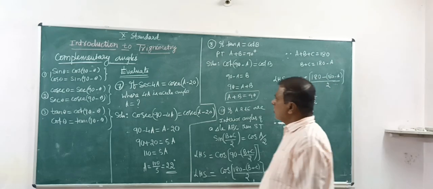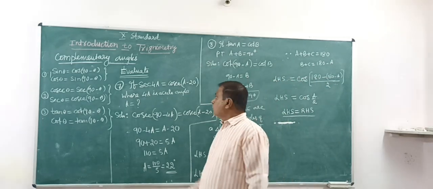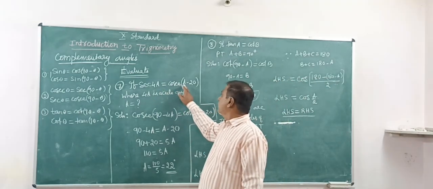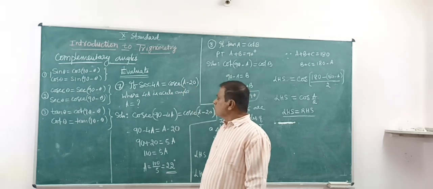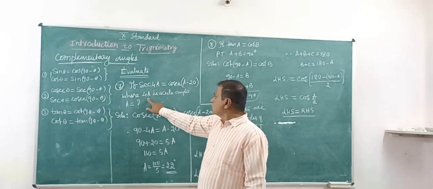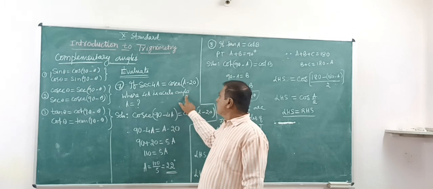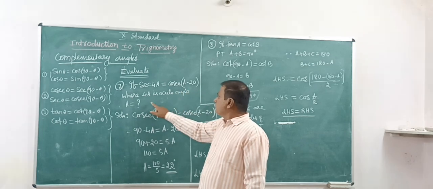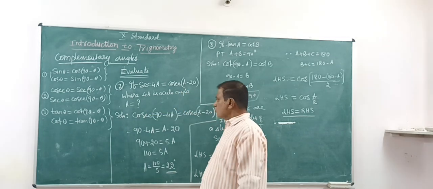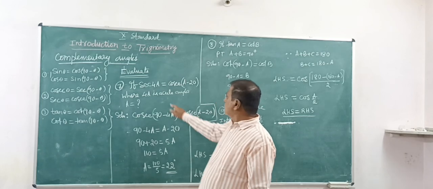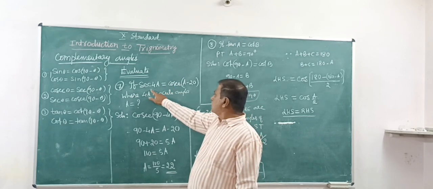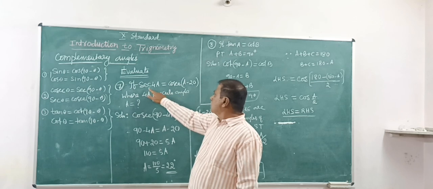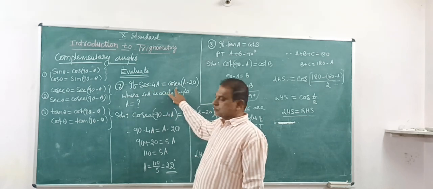Next problem: if secant 4a equals cosecant of (a minus 20), where 4a is an acute angle, find the value of a. Look at the given equation, secant and cosecant, these two are complementary.